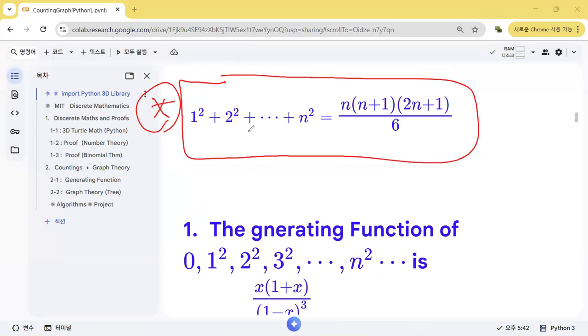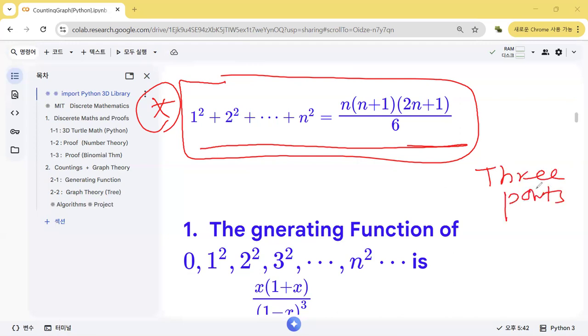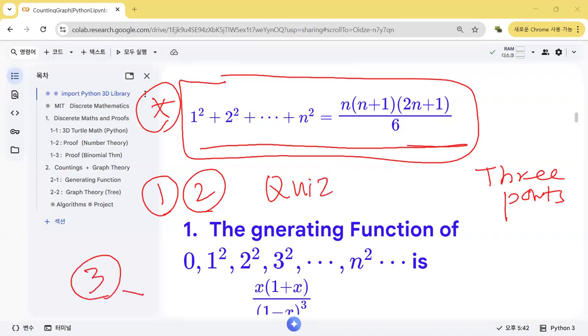Okay, so to prove this one, there are three parts. The first part and second part will be our quiz. But the third part will be our final examination problem, okay?